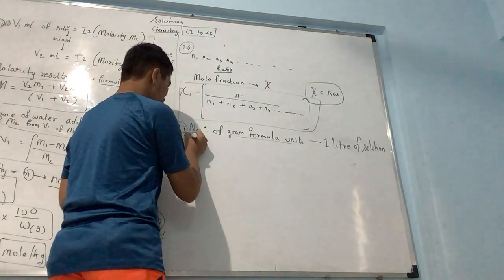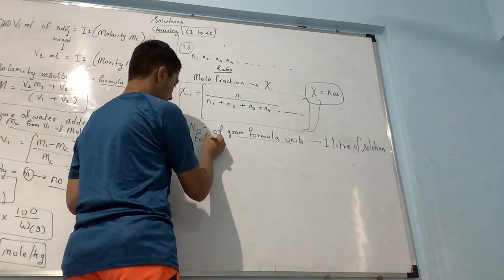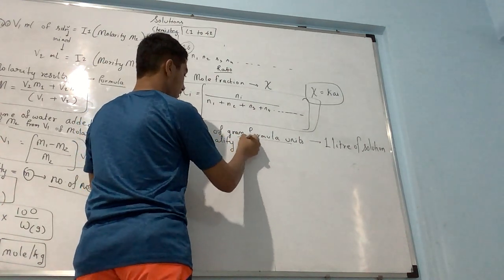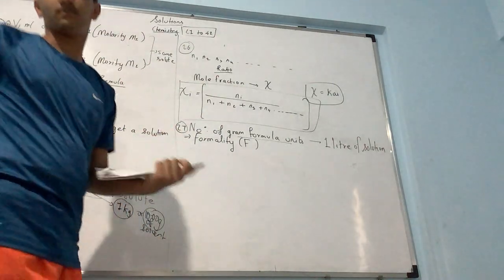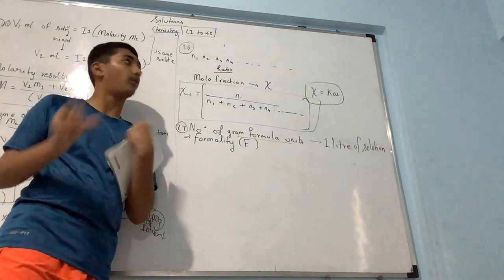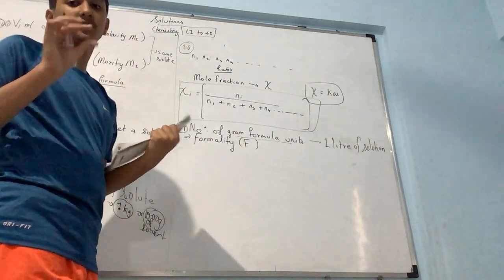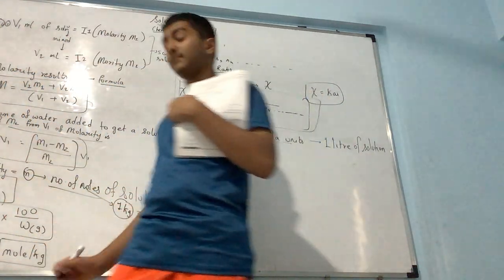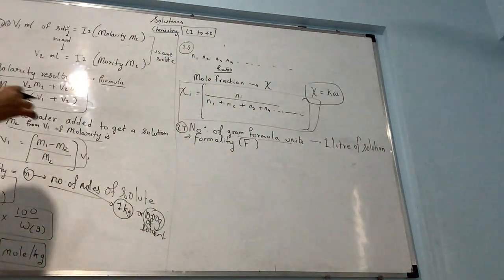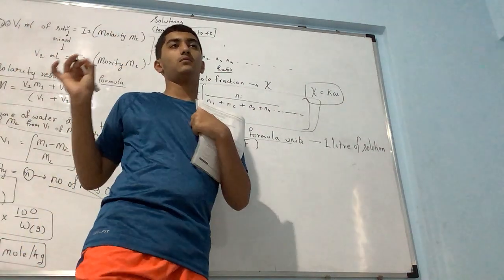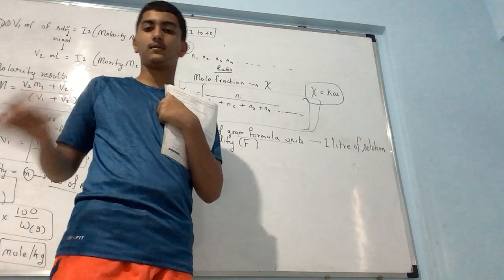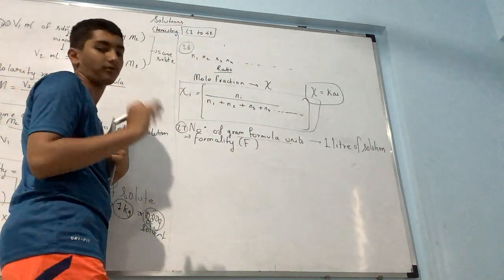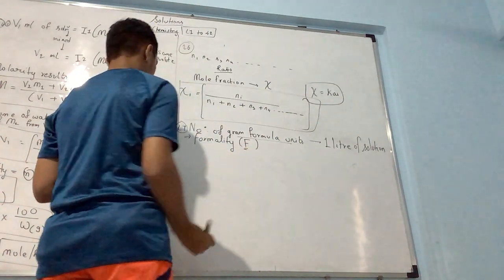Sorry, it is called formality, and formality's symbol is F. It is not a unit, it is a short form. Mole fraction's short form is chi. Units means, for example, the units of molarity are mole per kg. This is just a short form, F for formality.